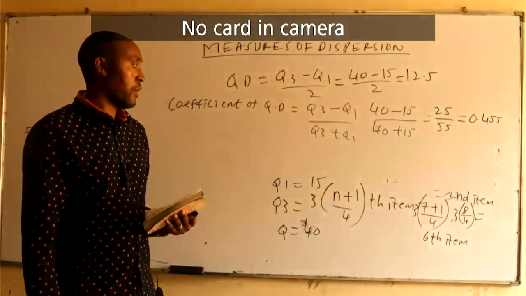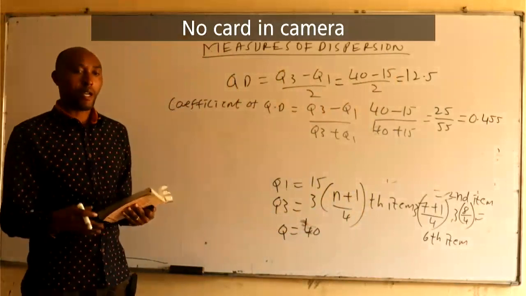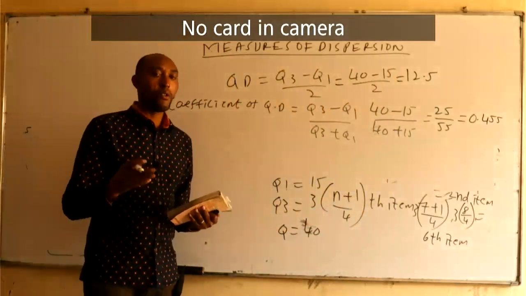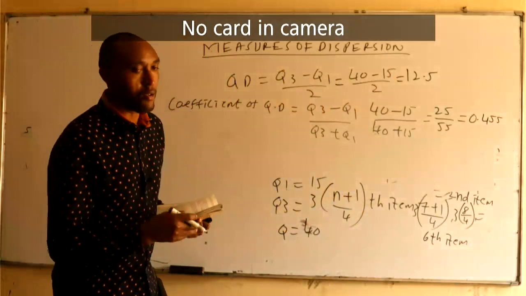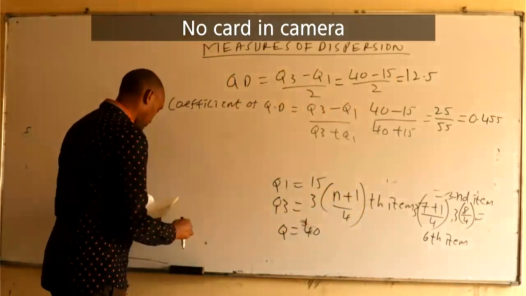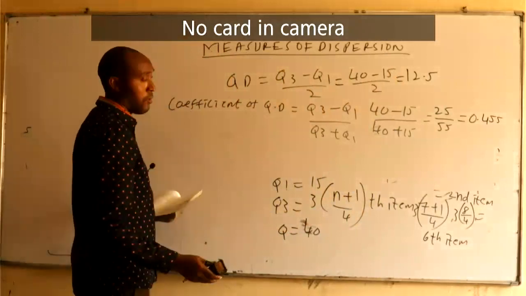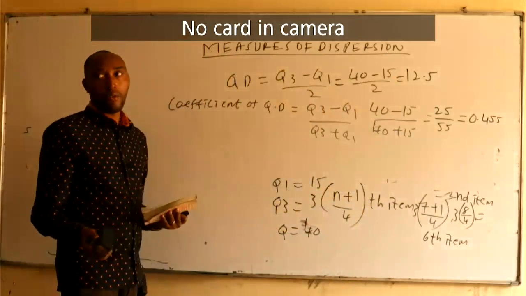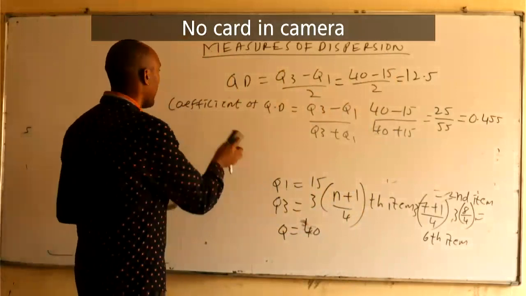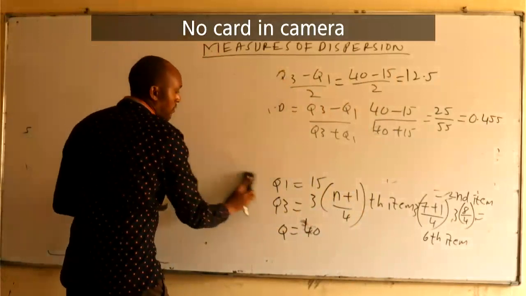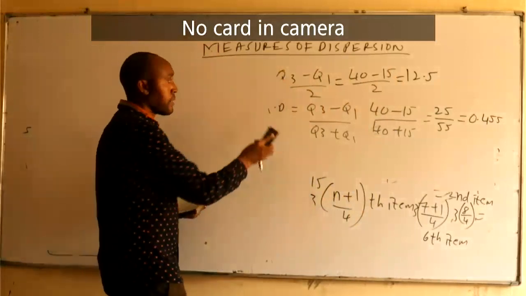I hope we are together. That's how you calculate quartile deviation for an individual series, or ungrouped data. Okay, so let's proceed to the next example where we have a discrete series.